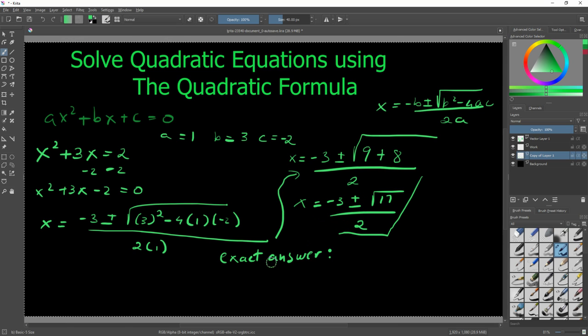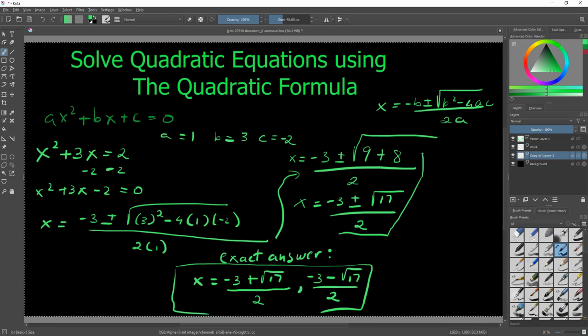So the plus and minus here, I want you guys to split that up. x is equal to negative 3, first take the plus, okay? So plus radical 17. I don't simplify radical 17 because I can't. So I took the plus. Now I take the minus. So I have two different answers: minus radical 17 over 2. These are my exact answers, okay?